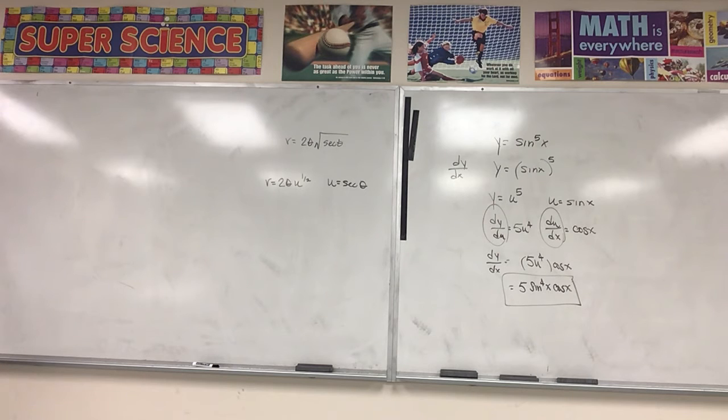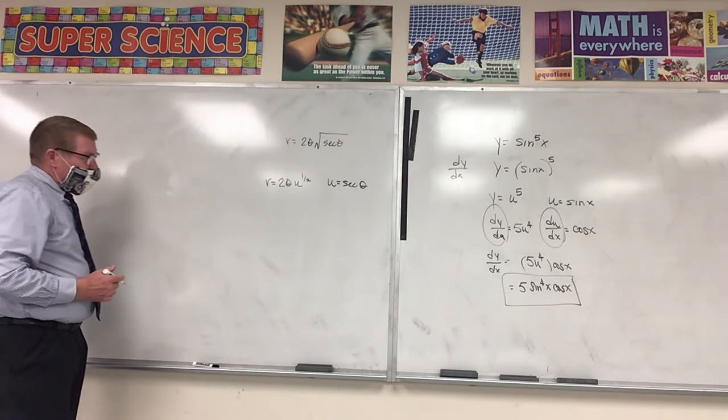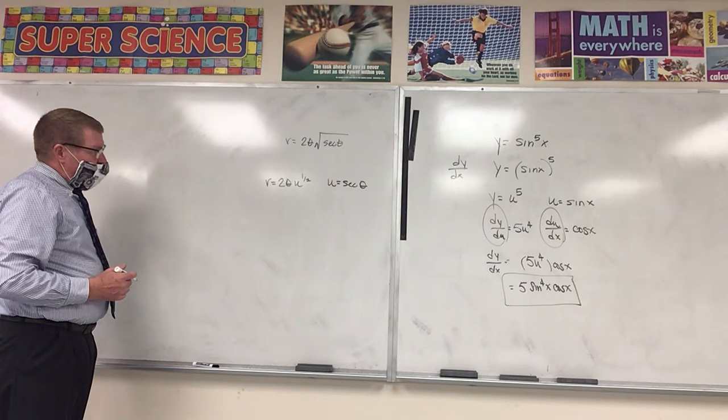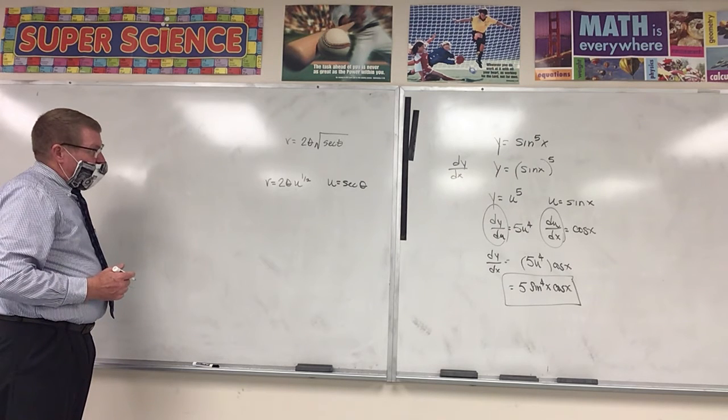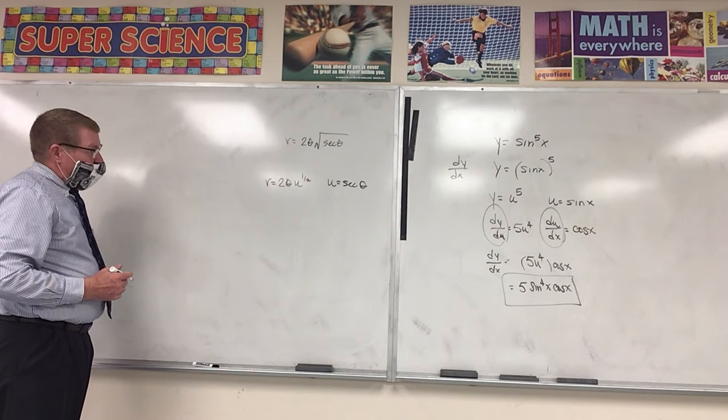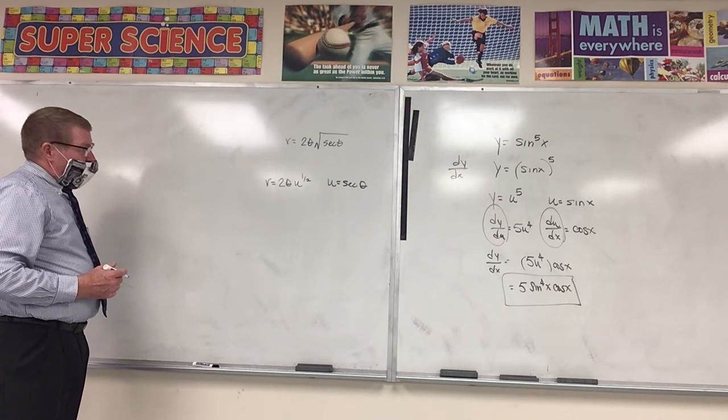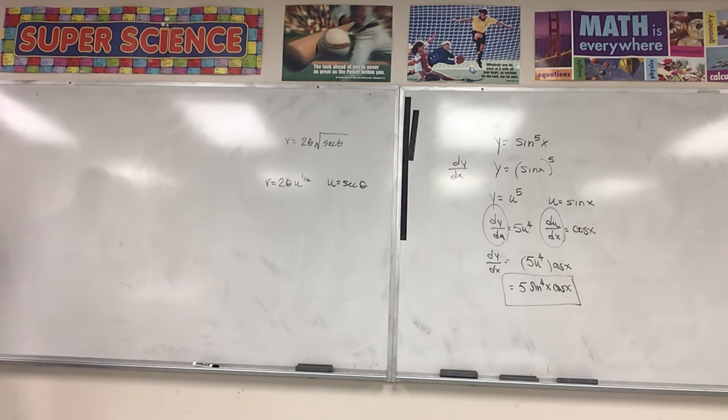Square root is to the 1/2. Right, but I have to get rid of that theta somehow. This may not be the direction I want to go. I know what to do. So we're going to say u equals theta, v equals secant u.